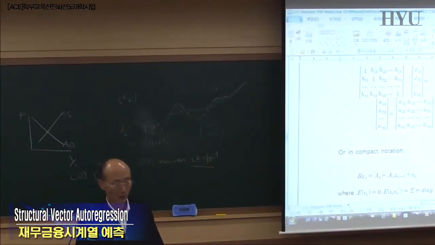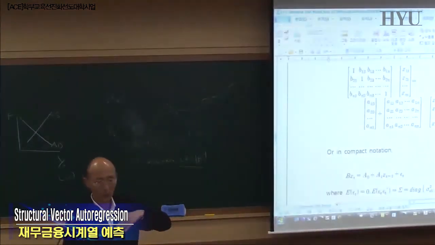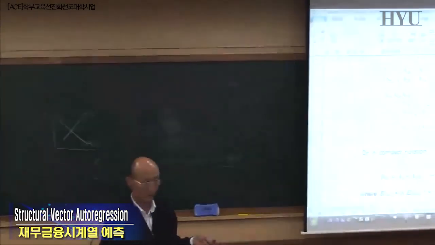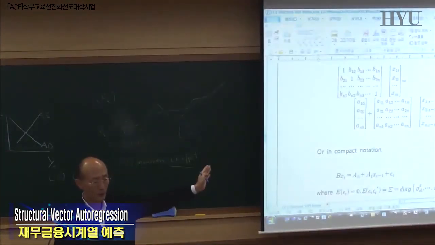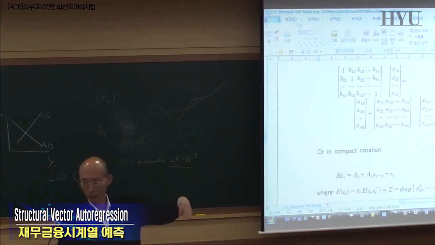You can think of many different structural shocks. You can provide some good, interesting economic interpretation on the definition of these shocks. We previously saw that we have nominal shock, real shock, or permanent shock, temporary shock, or technological shock, or foreign shock. You can think of many different sorts of shocks that might have interesting economic interpretation.